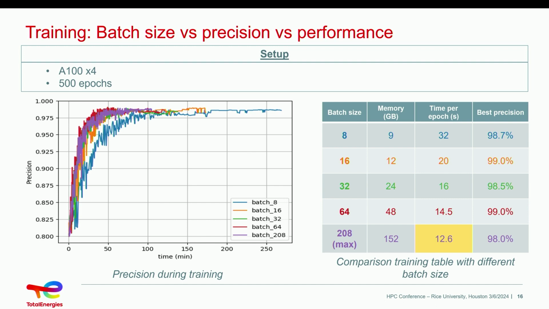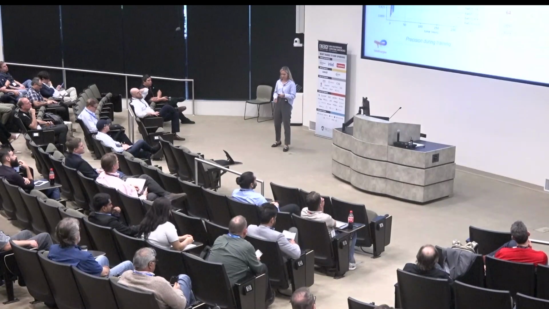Again, I summed all of that up in a table. And you can see that going from a batch size of 8 to 208, we were able to divide the training time per epoch by more than half without decreasing the precision.